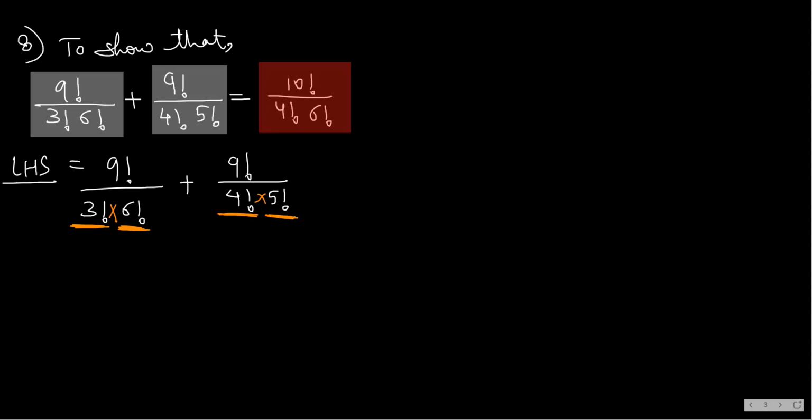It is important to understand that for the two factorials you have here, you get the consecutive factorial in the other denominator. For 3 factorial, you have consecutive factorial 4 factorial, and for 6 factorial, you have consecutive 5 factorial. You see this? This is important.